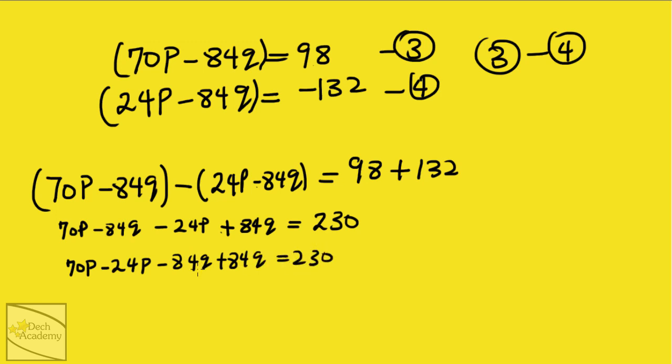Clearly, minus 84Q plus 84Q is 0, so that cancels out. So we're left with 70P minus 24P, which is 46P. So 46P is 230. So P is 230 divided by 46, which is 5. So P is 5.